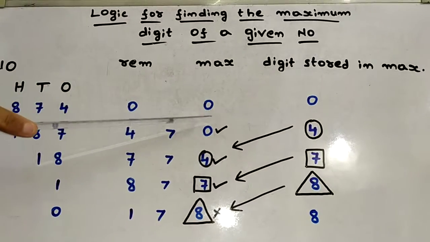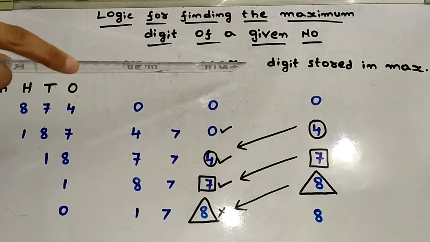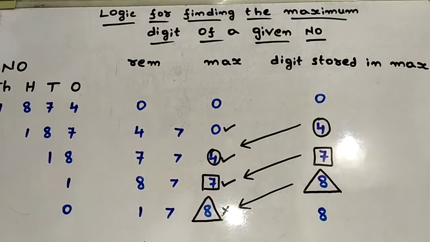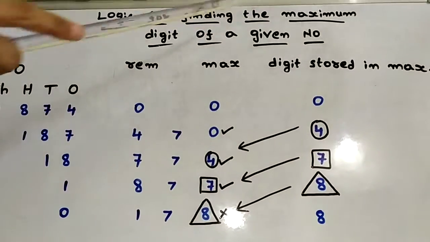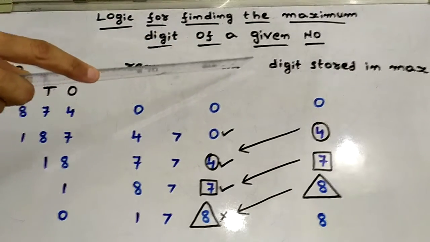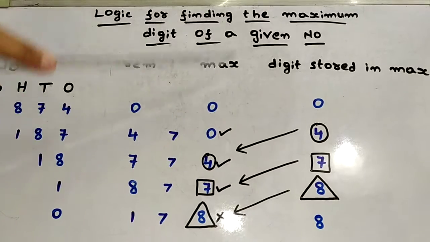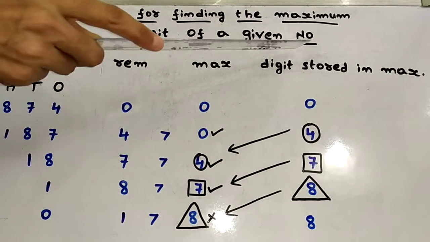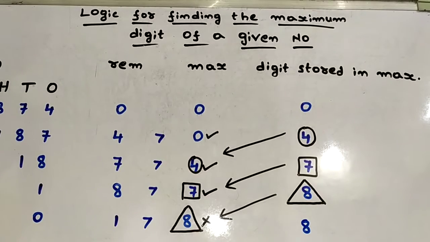Within that, you are supposed to take it for granted that the maximum digit is initially 0. I repeat, while finding the maximum digit of a given number, take a variable called max, and take it for granted that the maximum digit is initially 0.